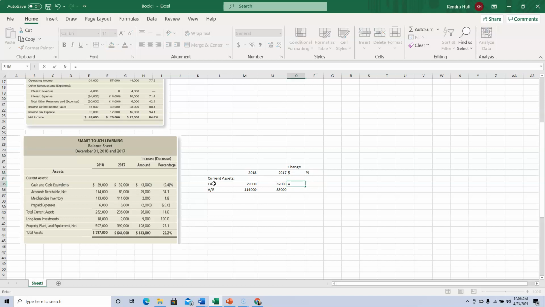The dollar change is the current year minus the previous year. In this case, cash went down. And then to do the percent, it's the dollar change divided by last year, the earlier year.